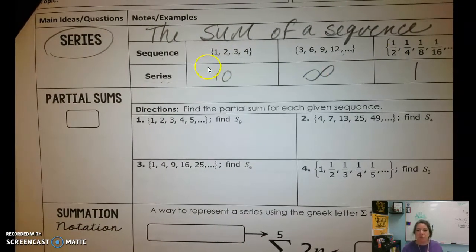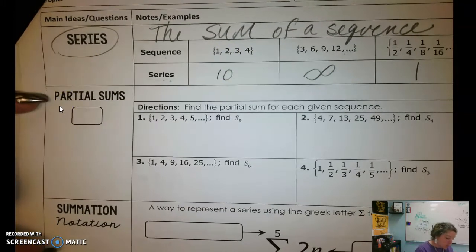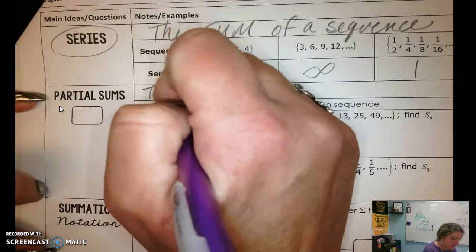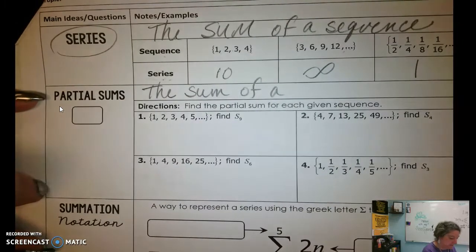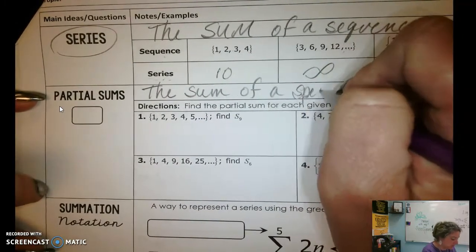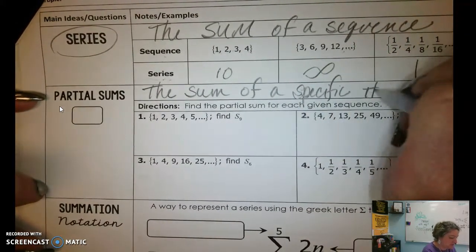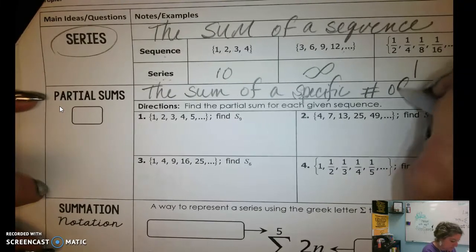Sometimes you have a sequence of numbers and you want to just do a partial sum, okay? So a partial sum is just the sum of a specific number of terms, okay? It's just the sum of a specific number of terms.